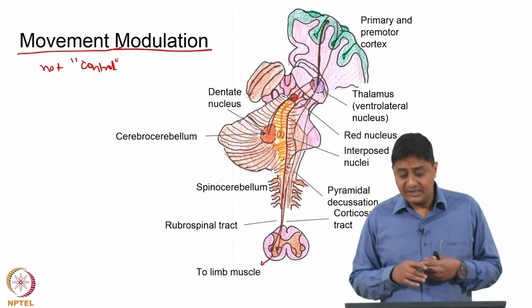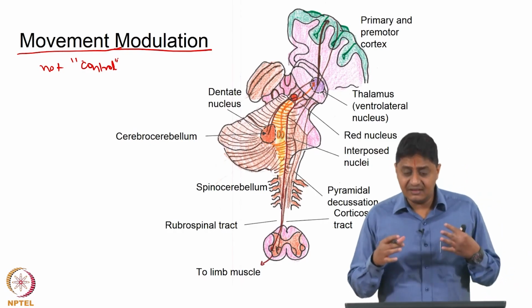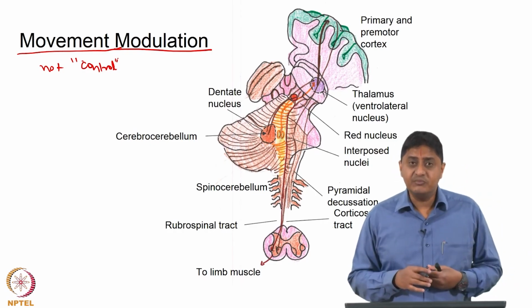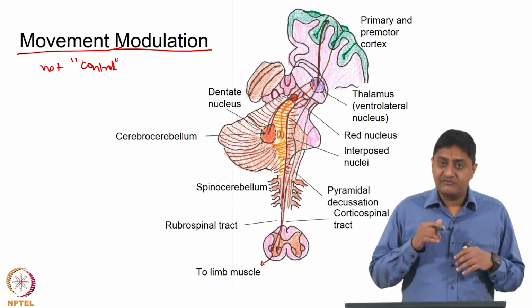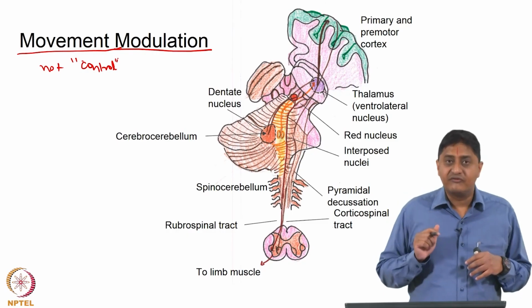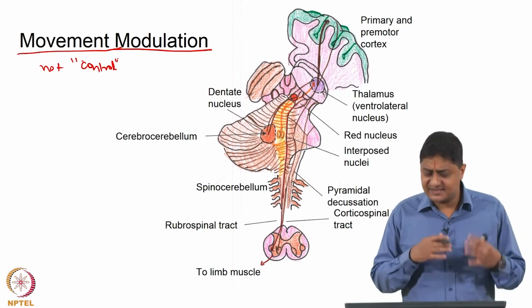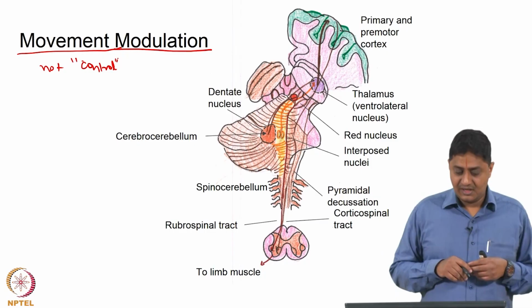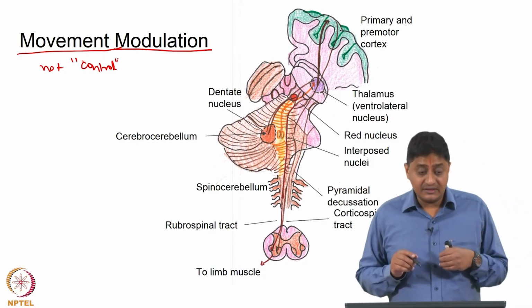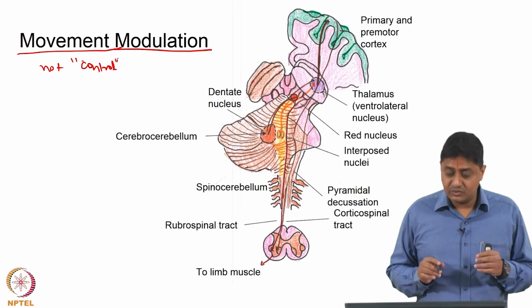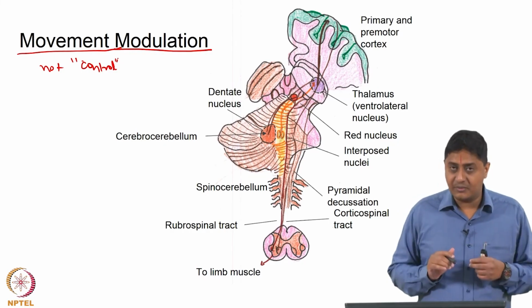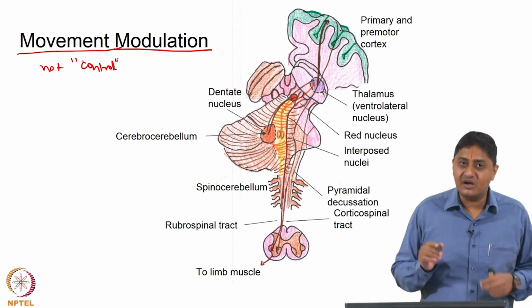Let us also remember that the spinal neurons receive inputs from multiple descending systems: from the red nucleus, from the reticular formation, from the cortex, from the vestibular nucleus and so on. So, the inputs from the cerebellum can only modulate the outcome to some extent, but not control.